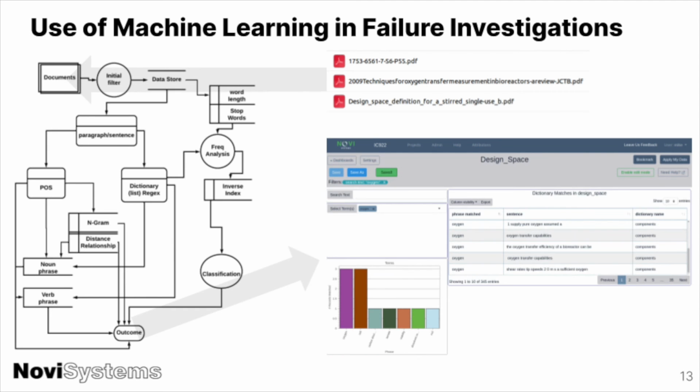Now, in machine learning and failure investigations, in this example, what I'm demonstrating is that we can take the text from different development reports, and that's what's represented by those Adobe files, and use natural language processing to extract the pieces of information we need to deal with a failure.